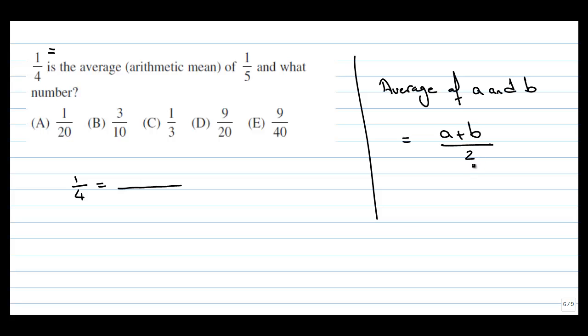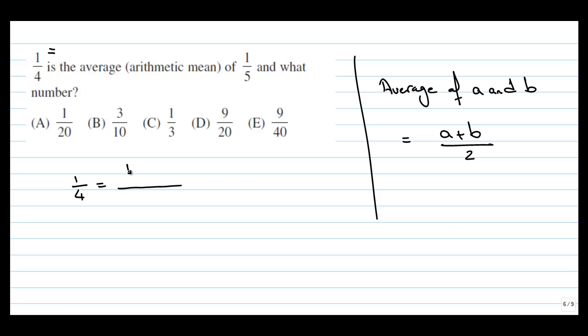So you add them and you divide by 2. In the coming videos, I will explain averages and arithmetic means in more detail. For now, you just need to know that the average is simply adding the numbers and dividing by 2.